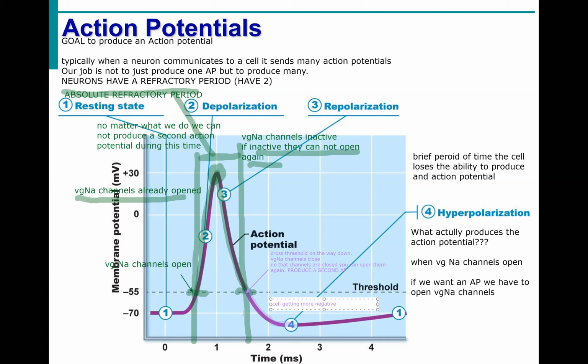It's getting down to resting membrane potential. It's getting below the resting membrane potential. Remember, to produce a second action potential, we have to get up to threshold.